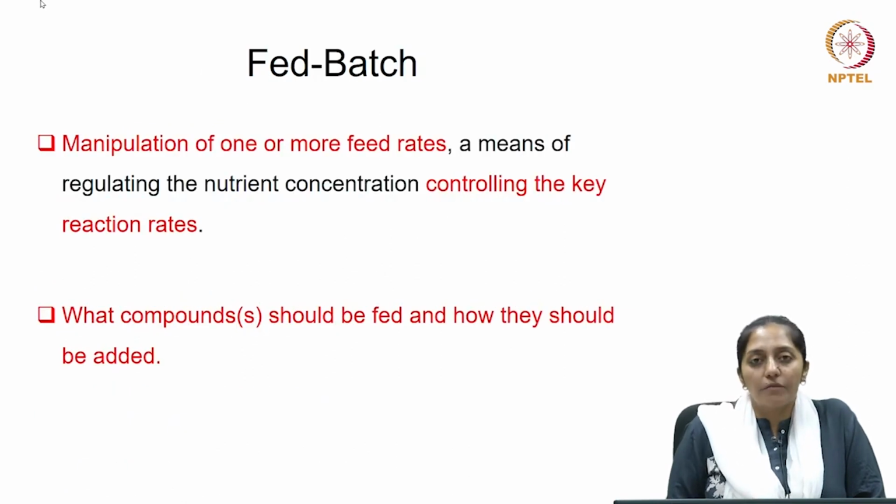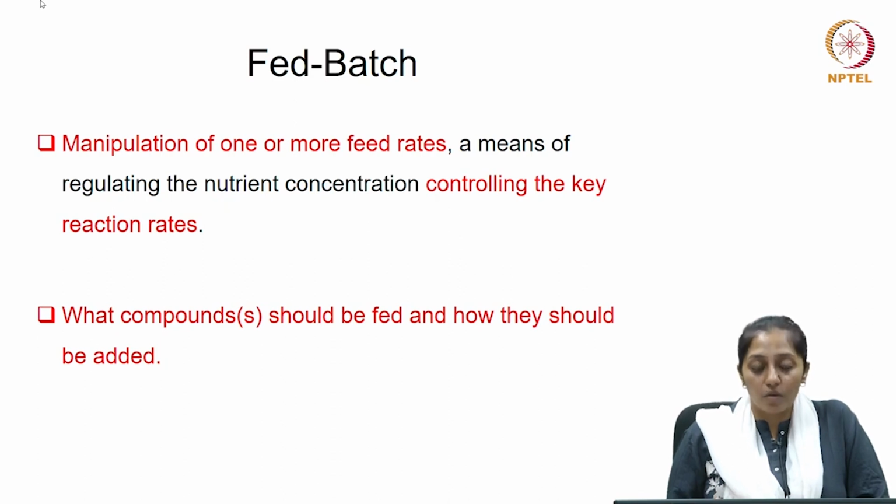So what are the different permutations and combinations which can come out as a feeding strategy while designing a feeding strategy in a fed batch? This may involve which substrates are to be fed, at what concentrations they are to be fed, how long they are to be fed inside the reactor, and in what fashion they are to be fed, which means at what flow rates, whether constant flow rate or increasing flow rate.